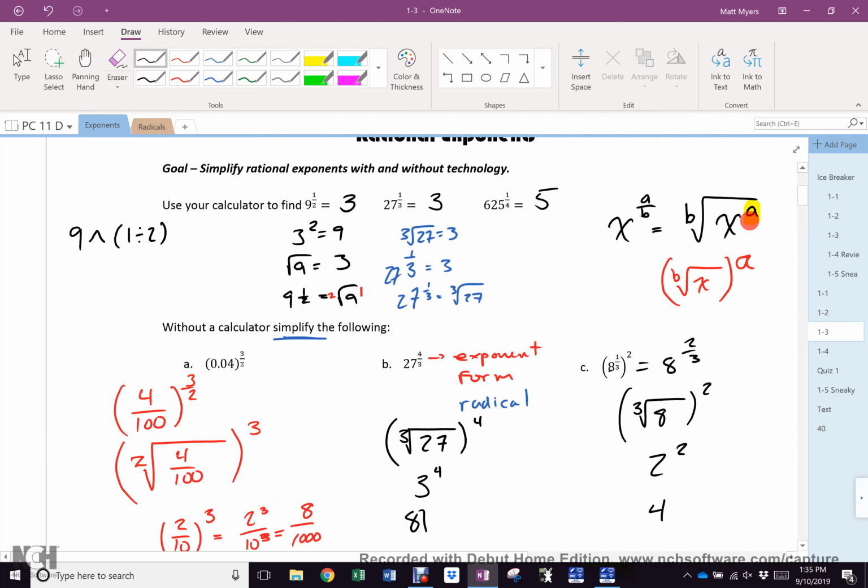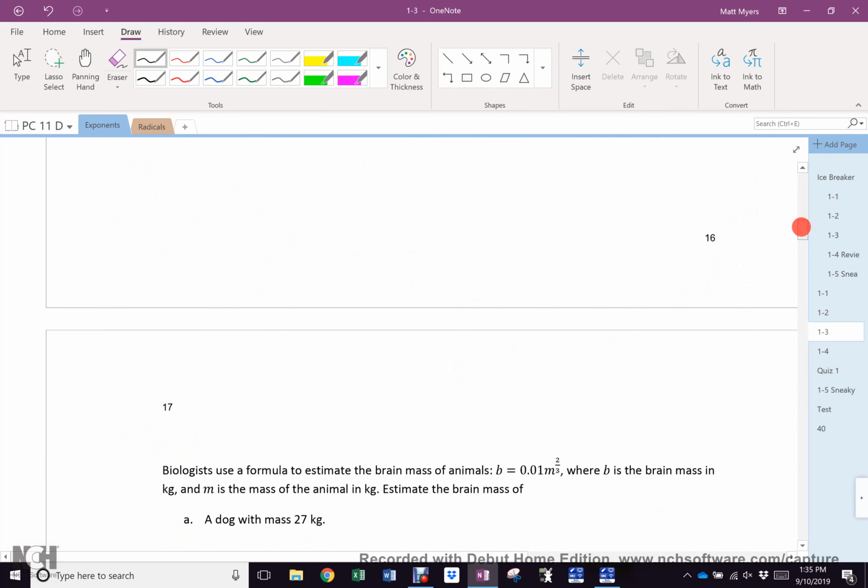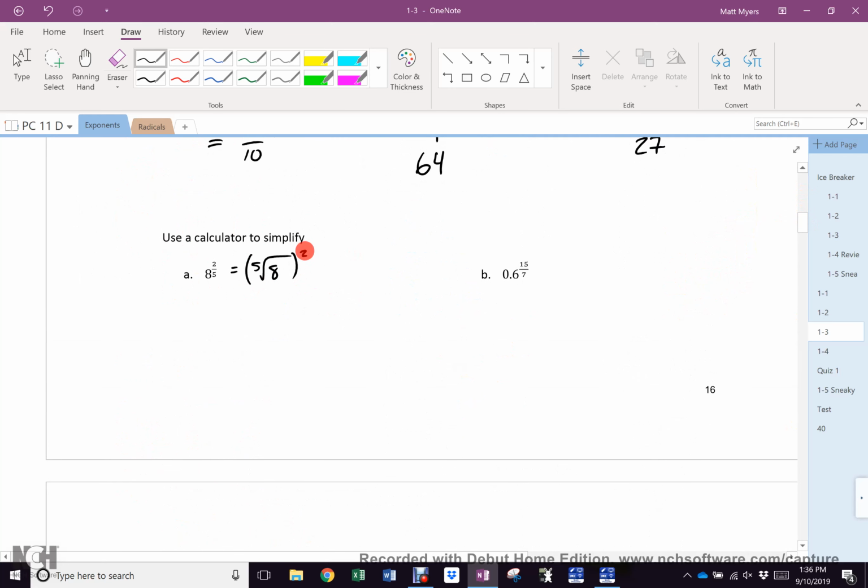That A can go right under there. So this 2 could go under here. And this could be the 5th root of 8 squared. What is 8 squared? Yes, Stephen. 64. Now that does get simpler because that, Stephen, is 2 to the 6th, right?